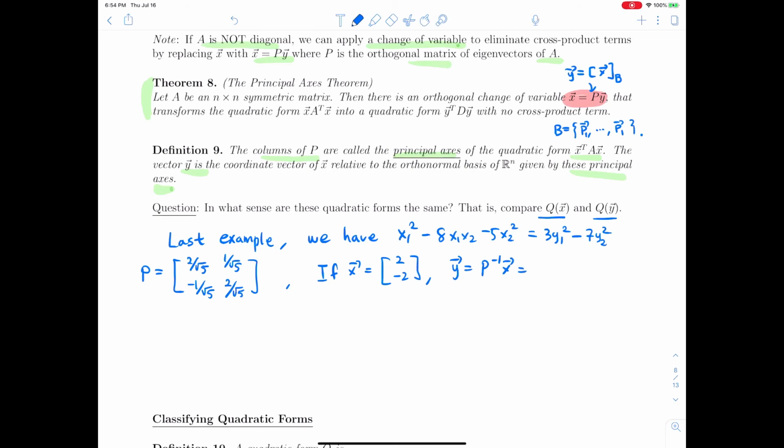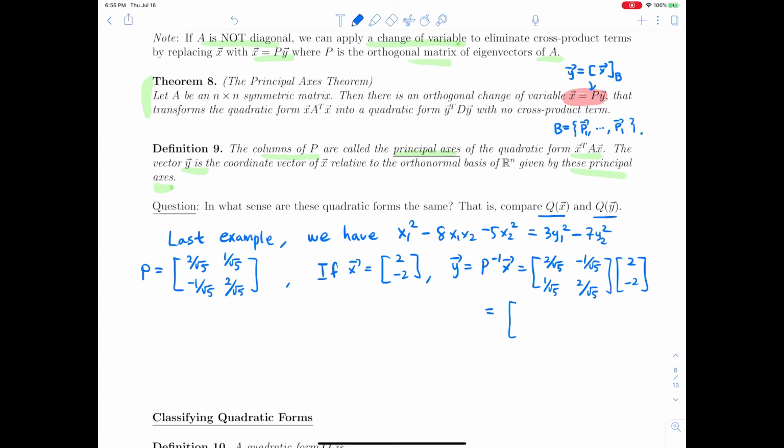And because P is an orthogonal matrix, P inverse is the transpose of P. So we have 2 over square root of 5, 1 over square root of 5, and negative 1 over square root of 5, and 2 over square root of 5, and you multiply this by 2 and negative 2. And this gives you 6 over square root of 5 and negative 2 over square root of 5.